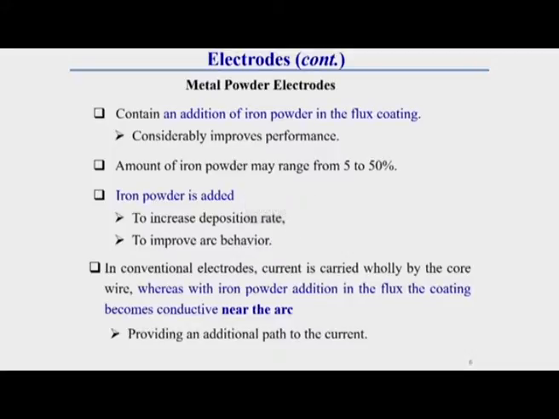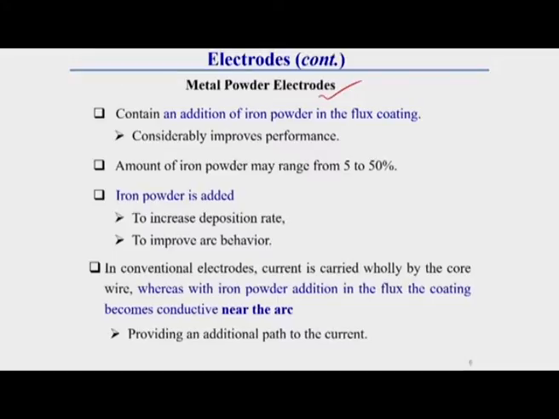Another type of electrode you can see once you are in industry is called the metal powder electrode. Here generally metal powder is a constituent of the flux. It generally contains an additional iron powder in the flux coating. Due to this excess amount of iron powder in the flux coating, it considerably improves the performance of the welding operation.